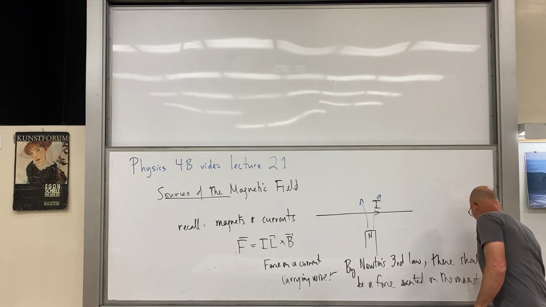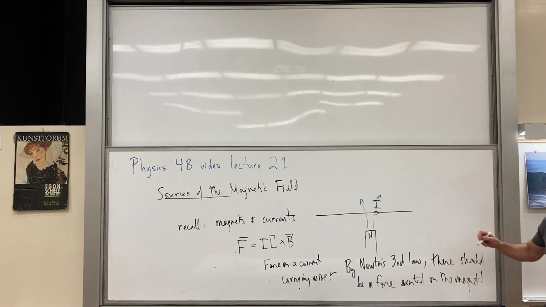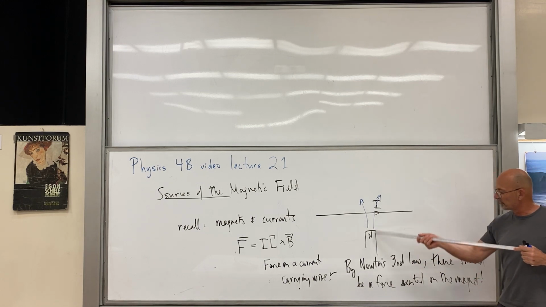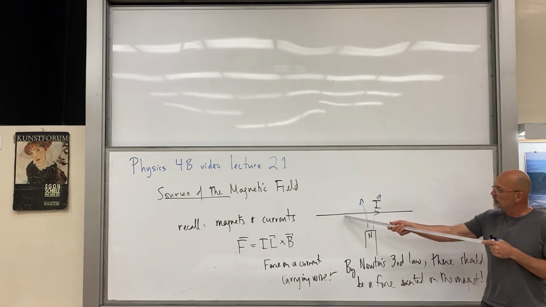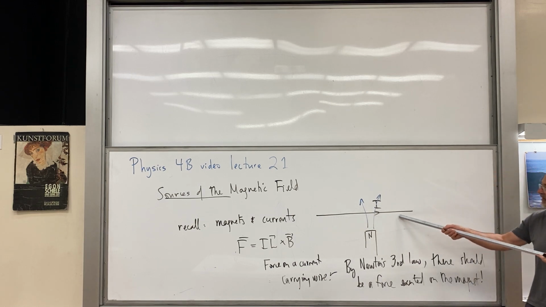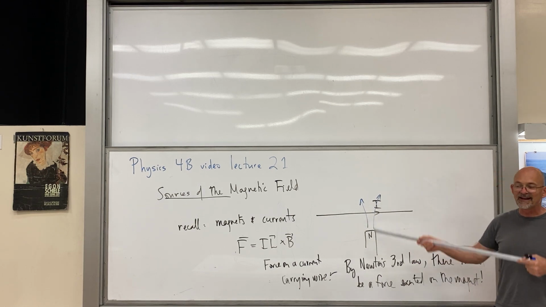There is, in fact, I'll put an exclamation point there, there is, in fact, a force. And a way to understand it is that force that's going to be exerted on the magnet is due to the fact that the current carrying wire generates a magnetic field.